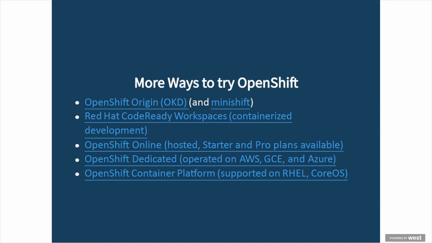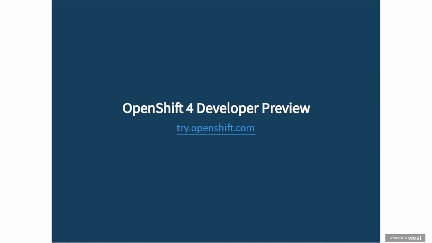And we would expect RHEL and/or CoreOS as the host OS on those machines in order to protect the host from being compromised and provide the multi-tenant security that OpenShift provides. To take a look at our latest work, you can go to the OpenShift 4 developer preview at try.openshift.com.